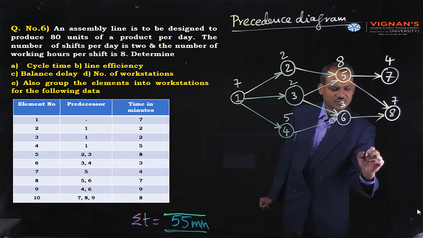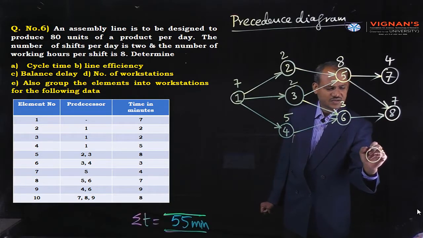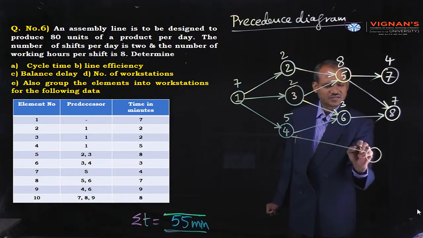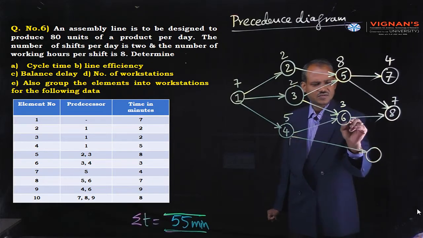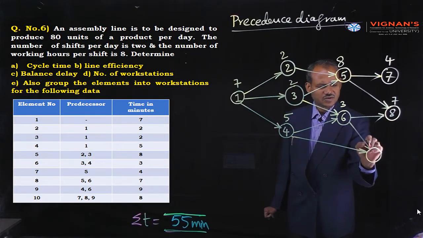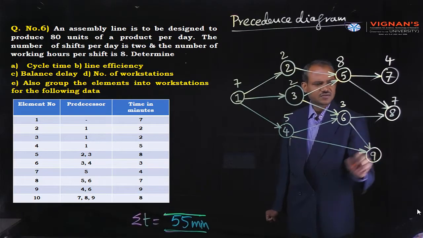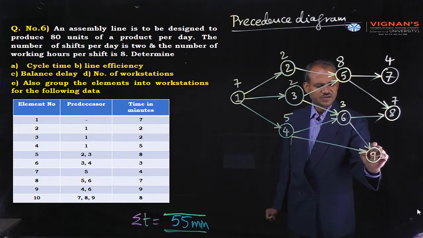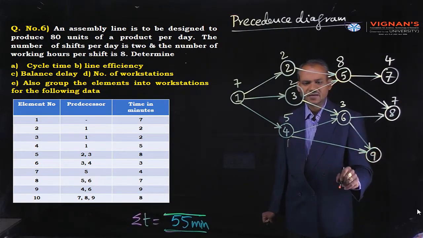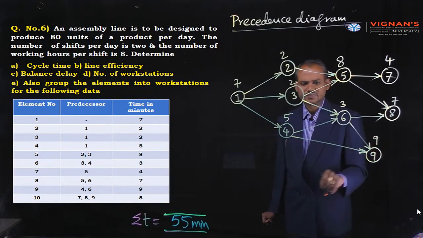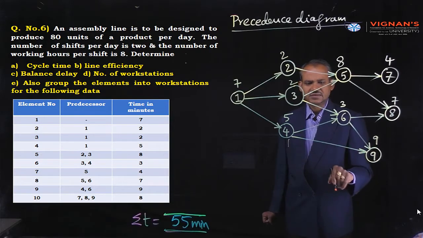So accordingly, based on this figure, we are drawing this circle. Draw arrows like this. This becomes 9. What is the timing for work element number 9? This is 9. Okay.